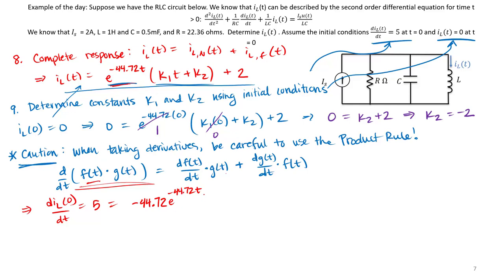So here we'll multiply our derivative by k1 t plus k2. And then we take the derivative of our second function. That will just be k1. And then we multiply it by e to the minus 44.72t.